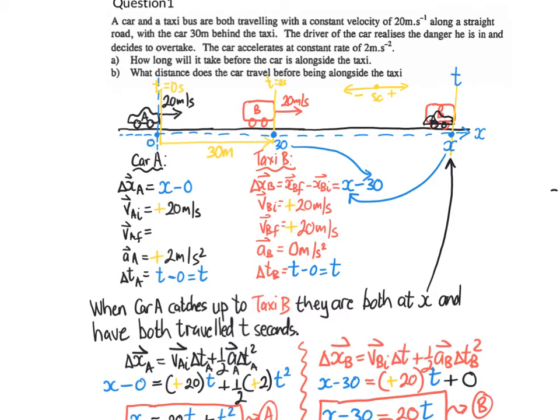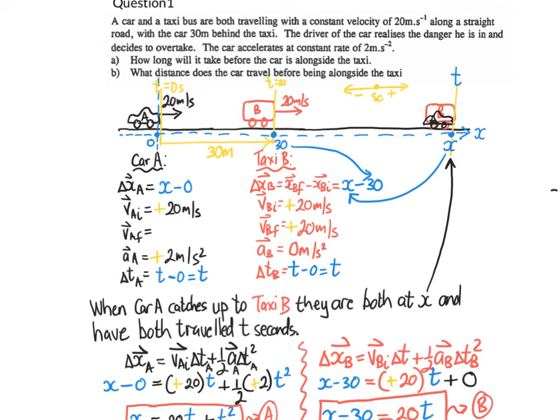And when I say final position, I mean over this motion here, where it's trying to catch up with the taxi. These two vehicles continue, but we're looking purely at the motion between where the car starts to accelerate and where the car catches up to the taxi.